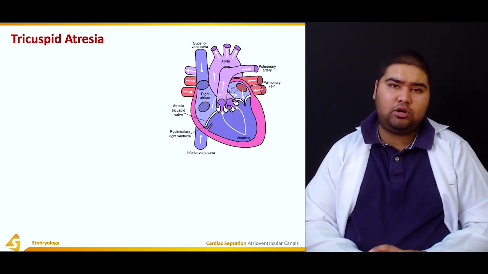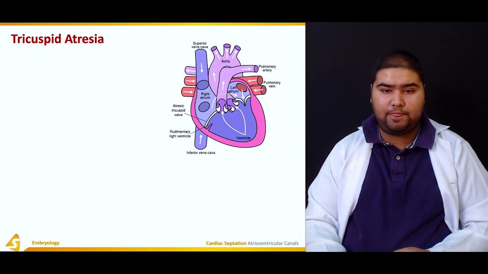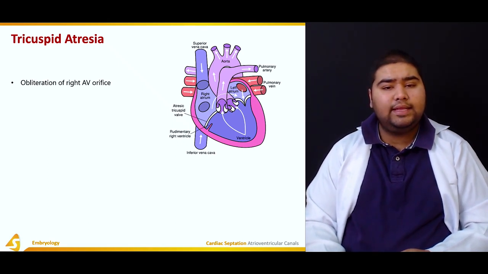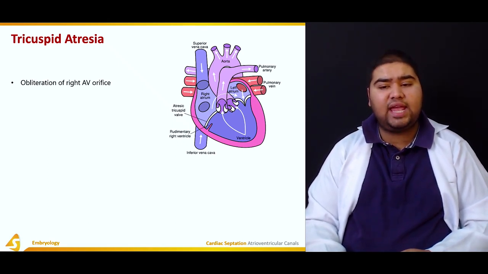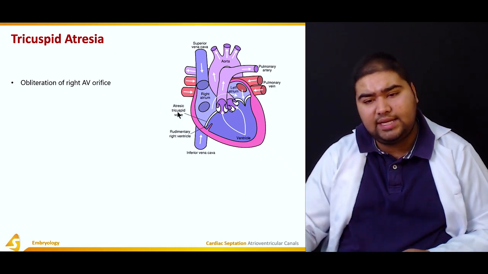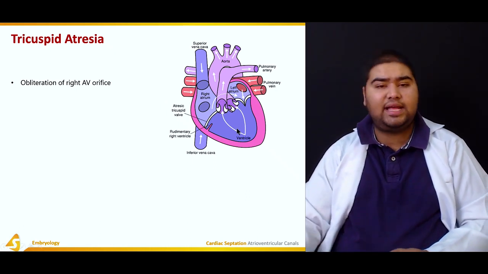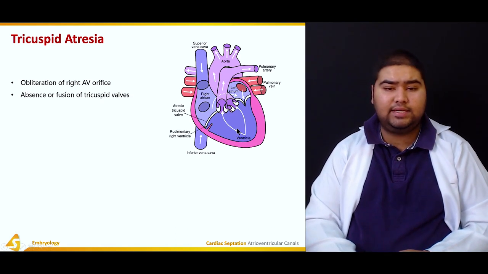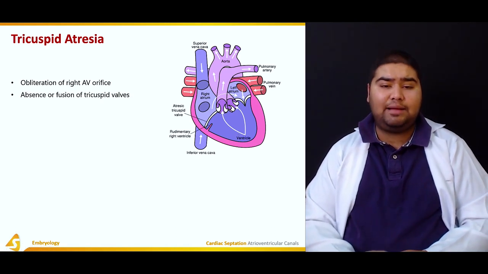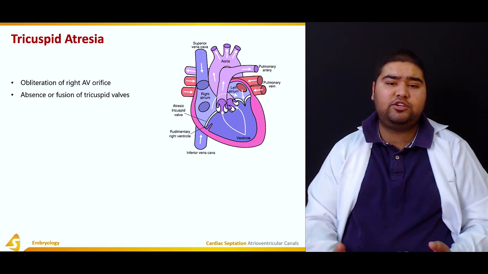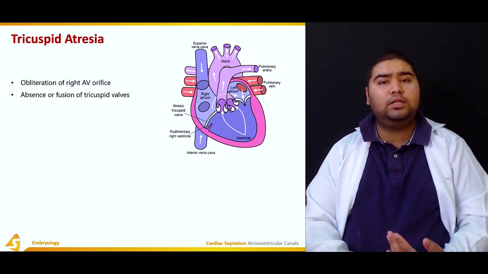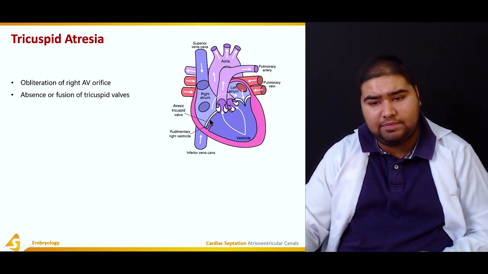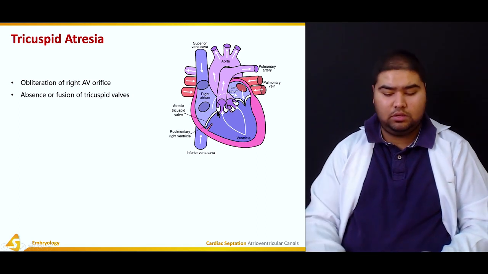So now let's talk about tricuspid atresia. So there's obliteration of the right AV orifice. The right atrioventricular orifice has been obliterated, as a result of which there is absence or fusion of the tricuspid valves. So the tricuspid valves are either absent or fused.